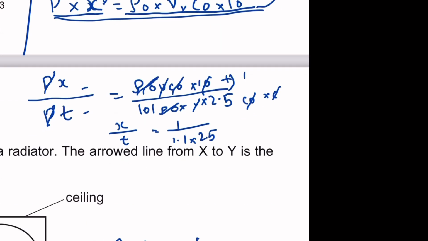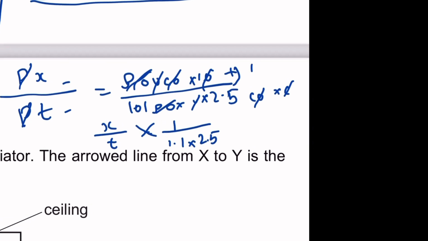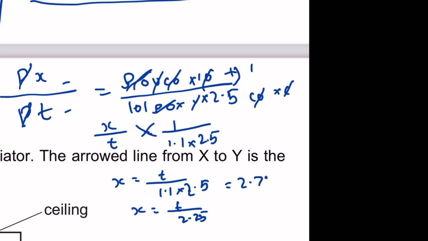And now I'm just going to cross multiply to get my x. X is equal to t divided by 1.1 into 2.5. X is equal to t into 2.75. 1.1 multiplied by 2.5 is equal to 2.75.